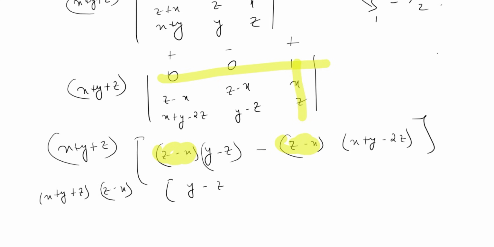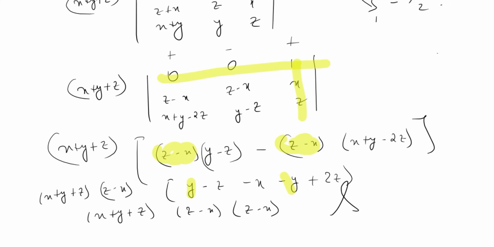On opening the bracket using the minus as multiplication, we have minus x and minus y plus 2z. So plus y and minus y get cancelled out. After that, x plus y plus z, again z minus x, here we are left with z minus x. So this was the required answer to prove. Thank you.